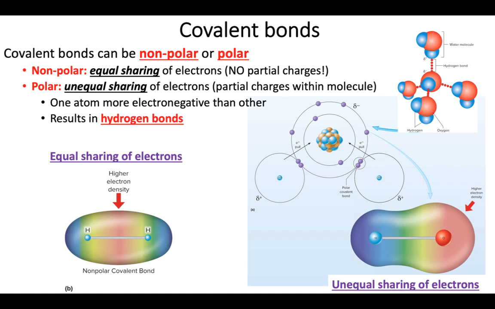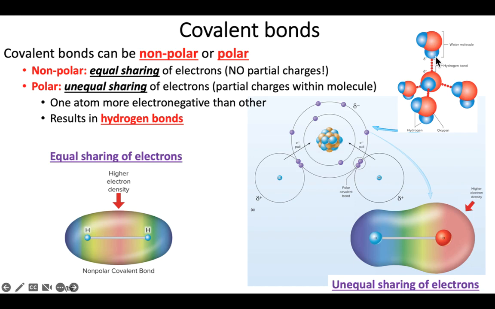So based on the presence of either nonpolar or polar bonds, we can call the molecule polar or nonpolar. So water is a polar molecule because it has polar covalent bonds, causing it to have these partial charge differences.